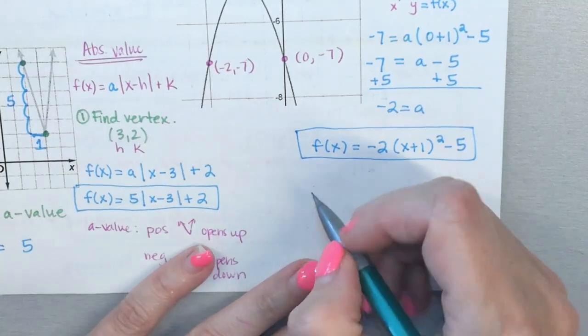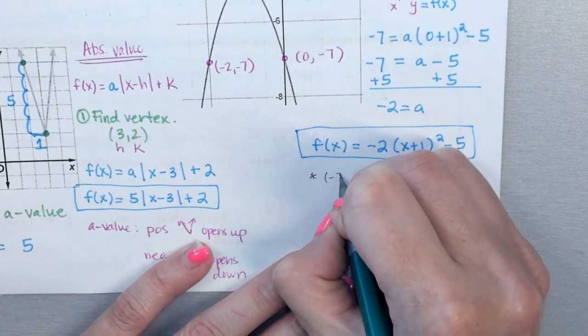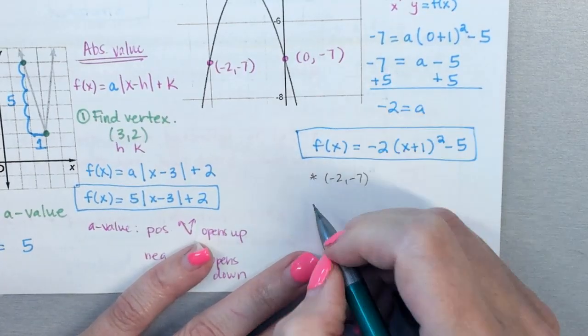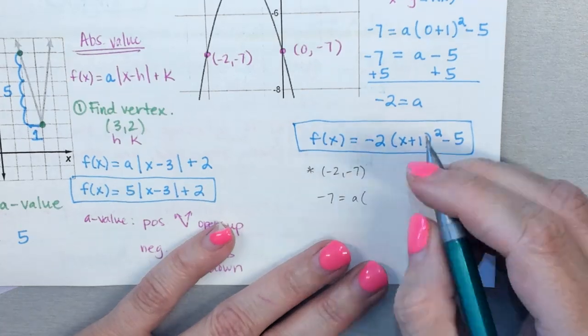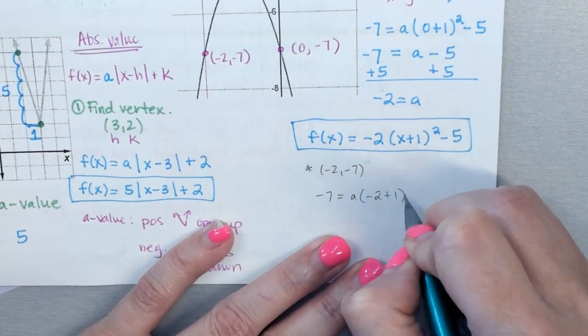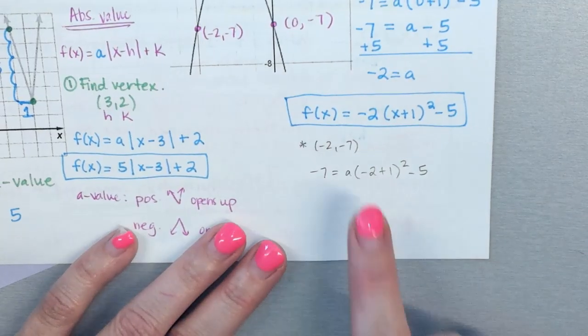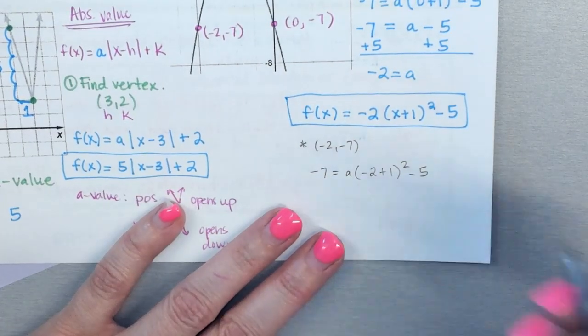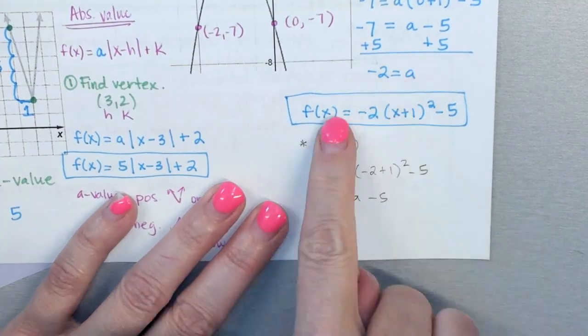Okay, and I'm just going to show you, you do not have to write this down. I just want to show you if you were to use -2, -7, the same thing would happen here. You'd have -2 plus 1 squared minus 5. What's -2 plus 1? -1. And -1 squared? 1. And then you see how you end up with the same equation?